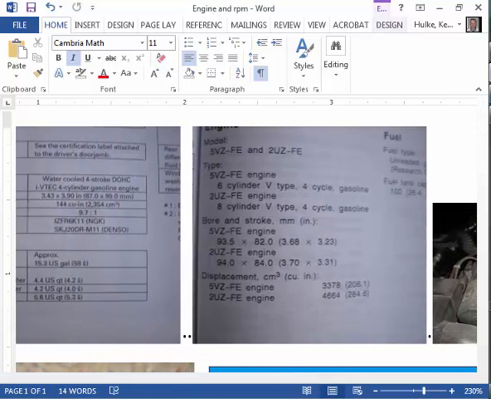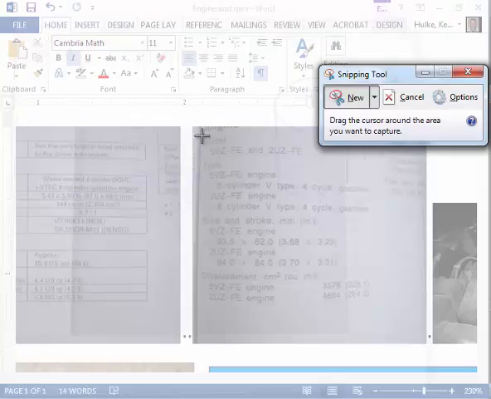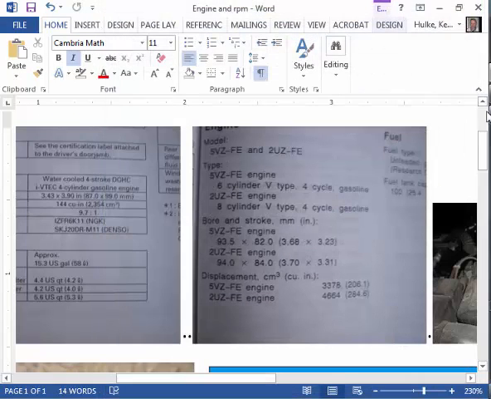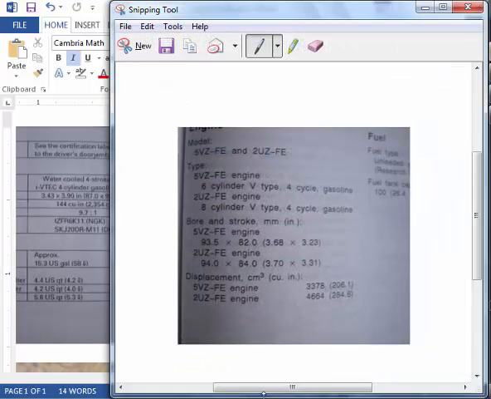Let's do the same thing with the truck. So this time it's going to be, you have to know that we are on the 8-cylinder engine.